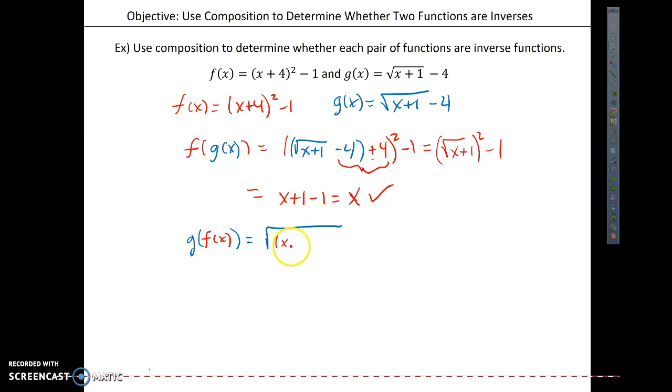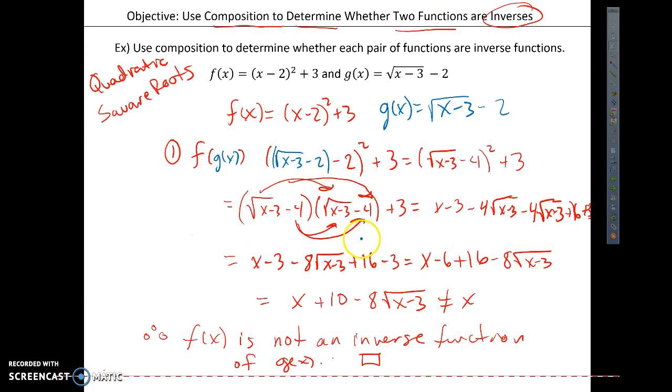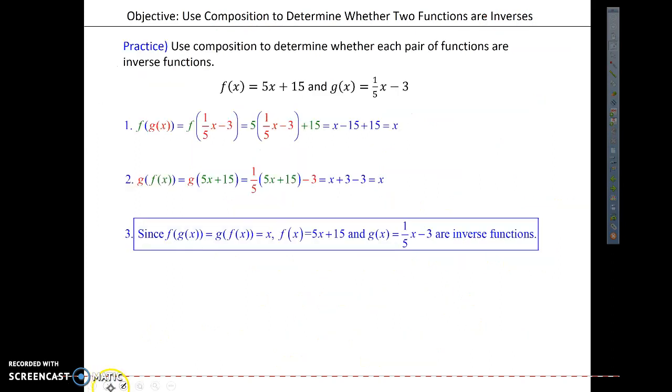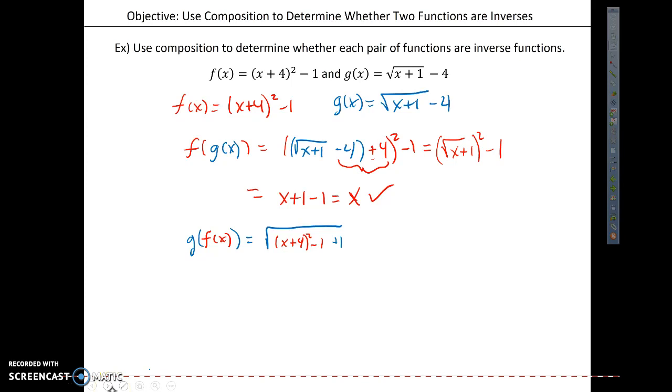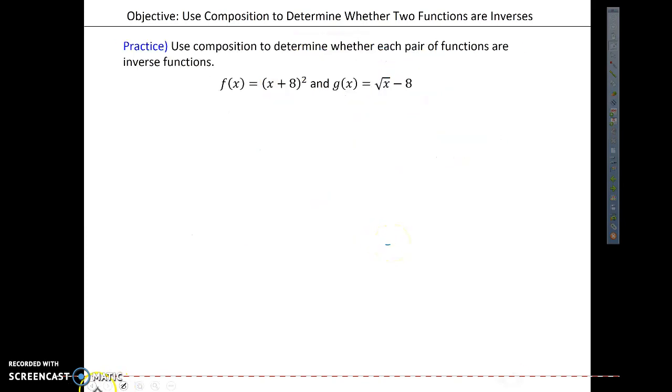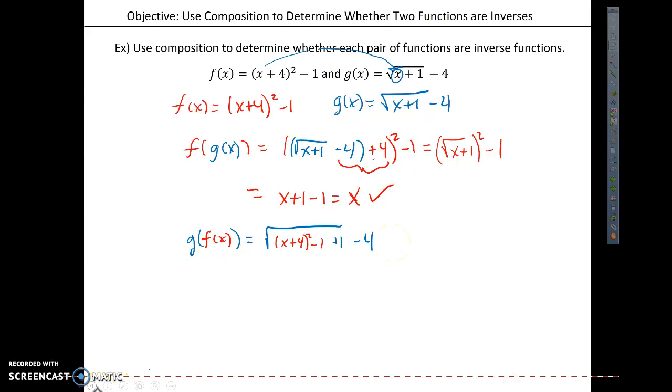So I have (x plus 4) squared minus 1, plus 1, and then minus 4. Okay, so again, I hope you see here, you see g of x, and instead of an x value here, all I did was I replaced this with my f of x function that went in there. So I'm going to go ahead and simplify this function.